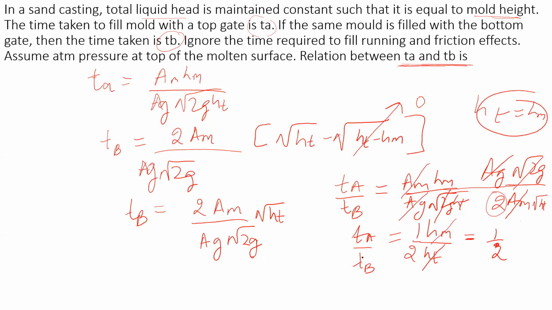Is it clear? If you have any doubt, please ask me in this question. Who got 1 by 2? Akshay, you got it, right? Or Akash, Devendra? Akash got it. I got 1/2, sir.